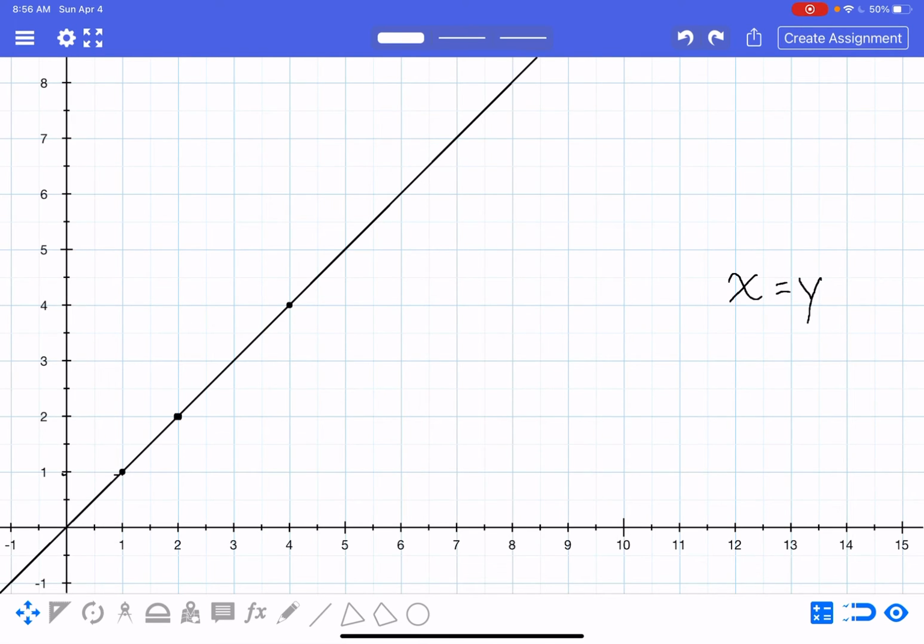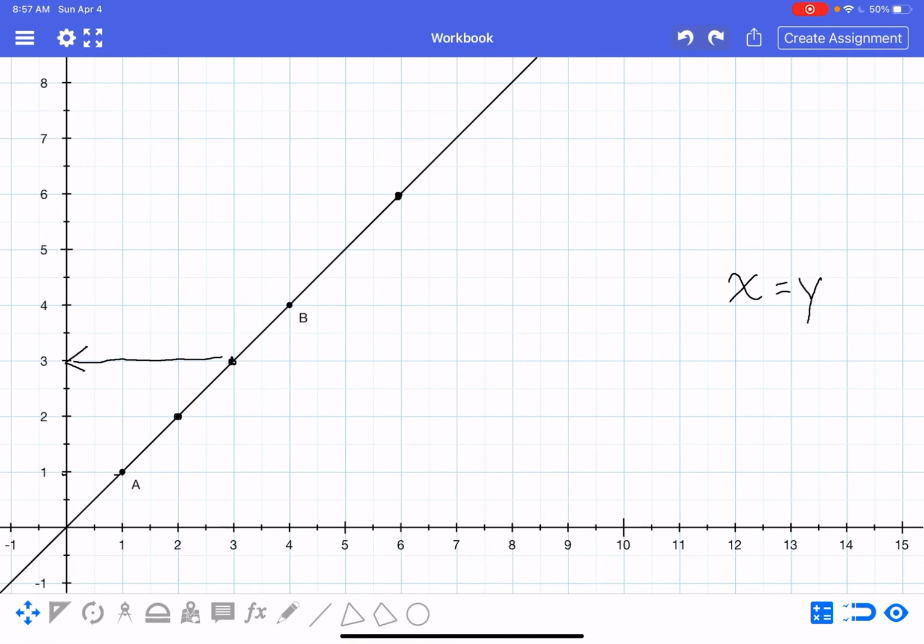Here is 3 and 3, right? So whatever x is, y is the same value. Okay? So 3 and 3, 4 and 4, right? So if I asked you, if x is 6, what's y? Well, 6, right? So whatever x is, y is as well.